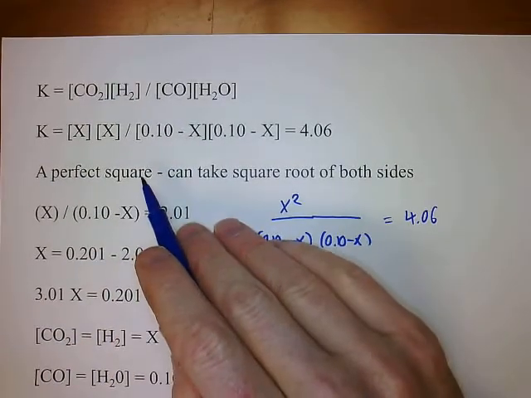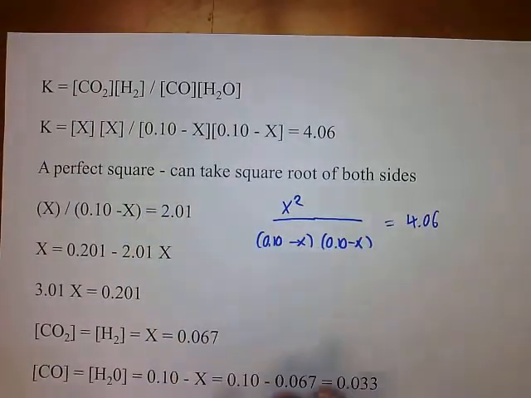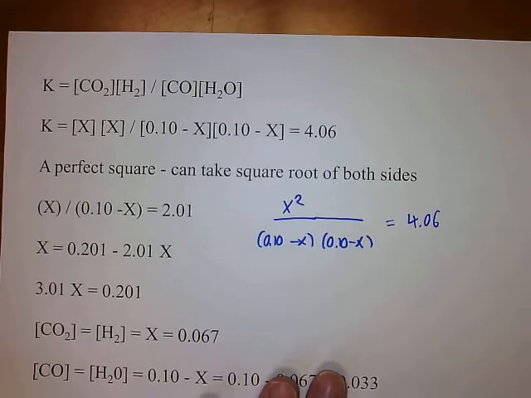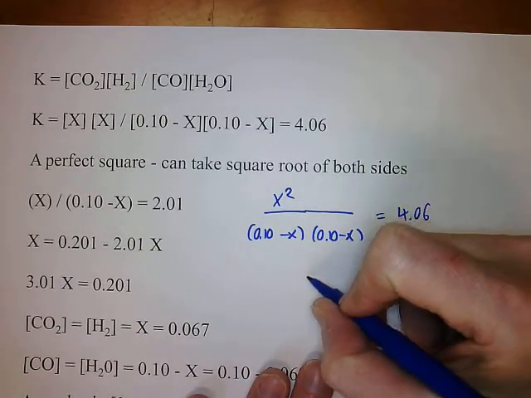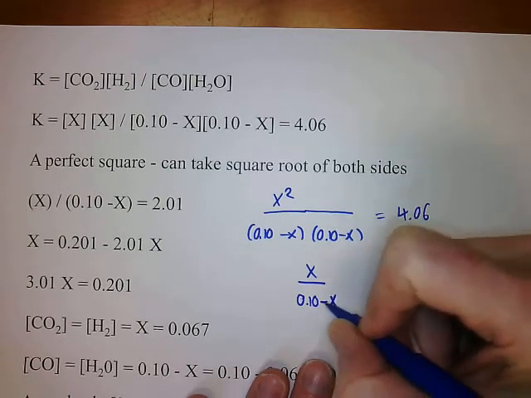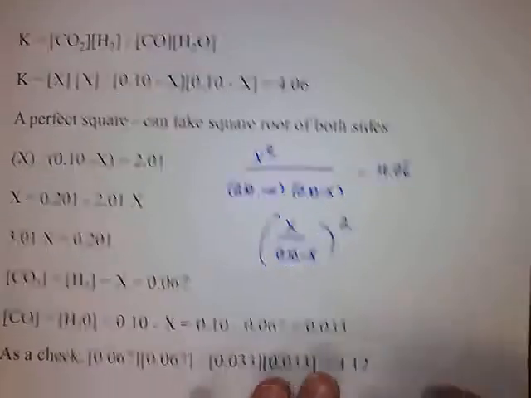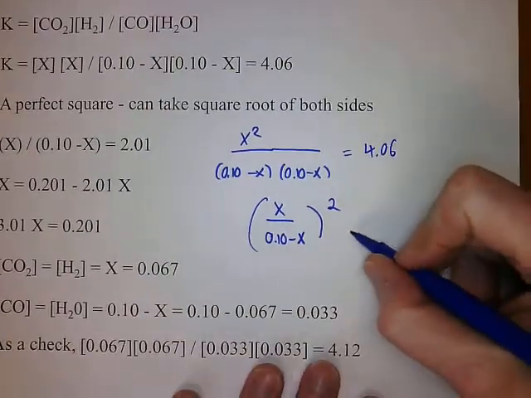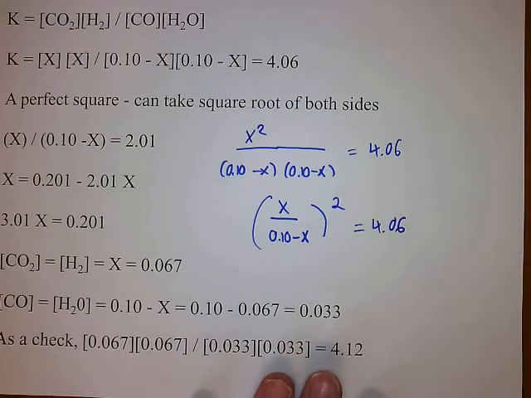The left side is a perfect square. So basically we could take the square root of both sides. In other words, we could rewrite this as x over 0.10 minus x, squared, and say that's equal to 4.06.